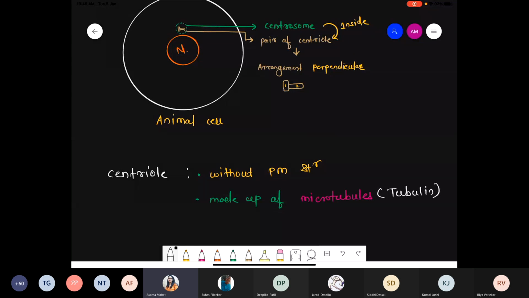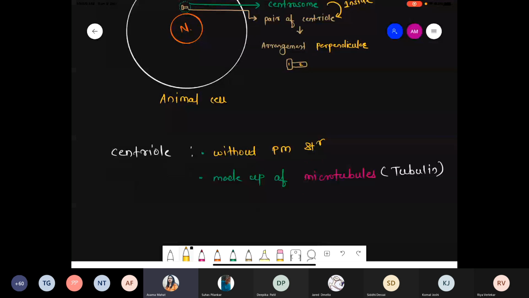Number second. And the third point, where will it be present? Question on the basis of their occurrence. Please remember, in animals, fungi, and algae, in these three organisms, the typical centriole is present.